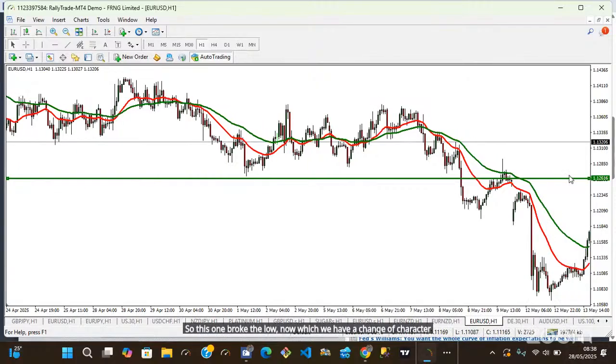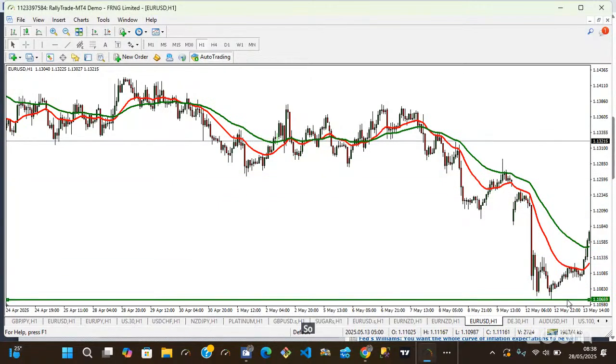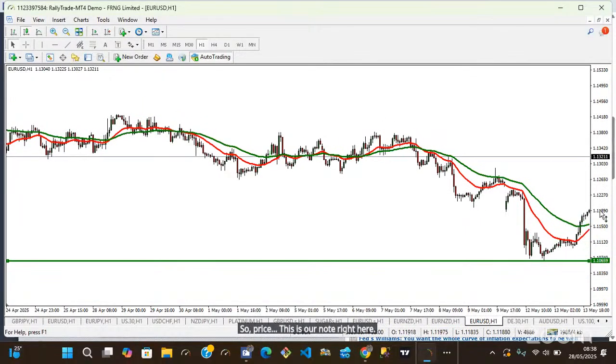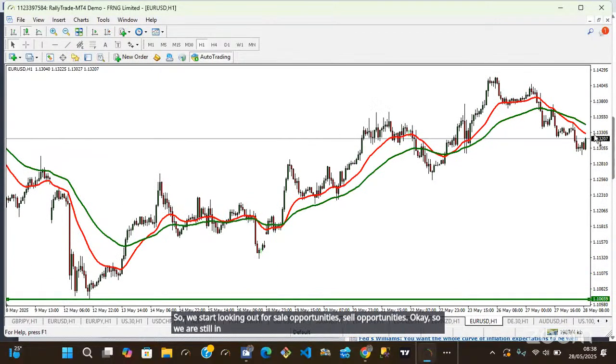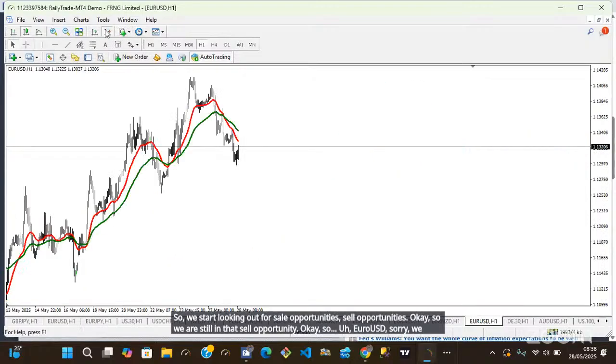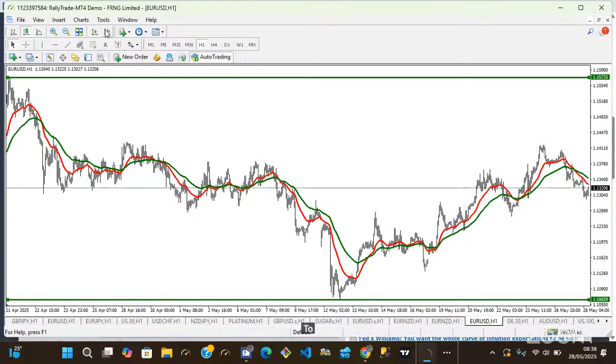Now we are in a selling spree, right? So price, this is our low right here. So we start looking out for sell opportunities. Okay, so we are still in that sell opportunity. So Euro USD, sorry, we are not in a buy, we are in a sell. This is why you should not just look at what's happening, trace it backwards to know where you are currently.